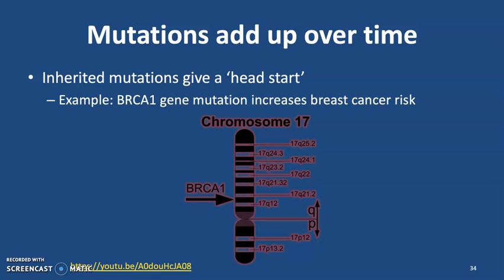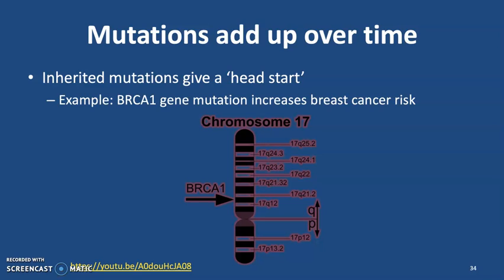And the most famous example of this head start is the BRCA1 gene. So this is very much associated with breast cancer and ovarian cancer. People who have certain mutations in the BRCA1 gene are at hugely increased risk for developing cancer. So we'd call it a head start.